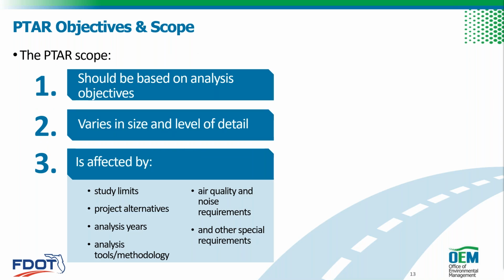So everything kind of goes back to the purpose and need. And when you're doing a PTAR, it's really important to keep that big picture in mind to understand what it is we're trying to do with this project. The scope can also vary in size and level of detail, and it's affected by a number of things like study limits, project alternatives, analysis years, tools and methodology, and so on.